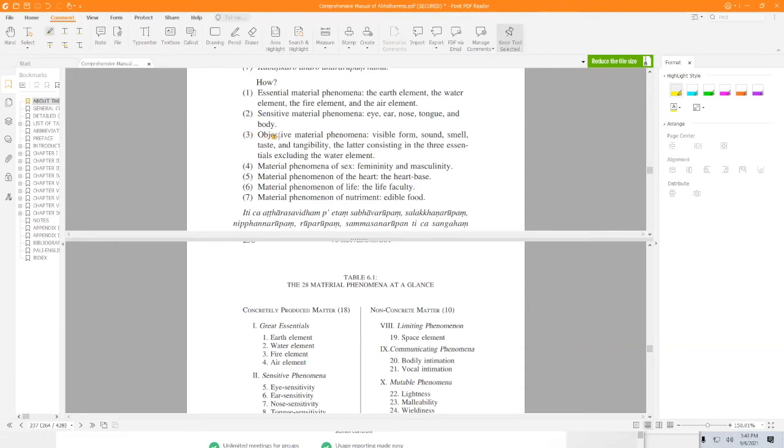Then the objective matter, the material phenomena that are the objects of the senses. So in theory, we could enumerate 5 of these: visible form, sound, smell, taste, and the tactile object. But according to the Theravada Abhidharma, the tactile object actually consists of 3 of the primary elements themselves.